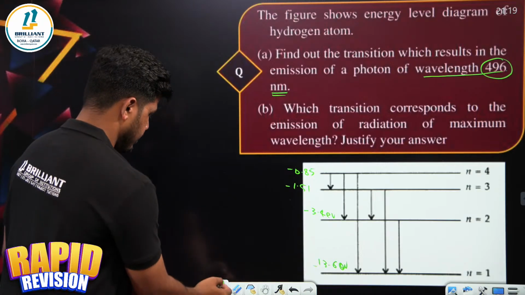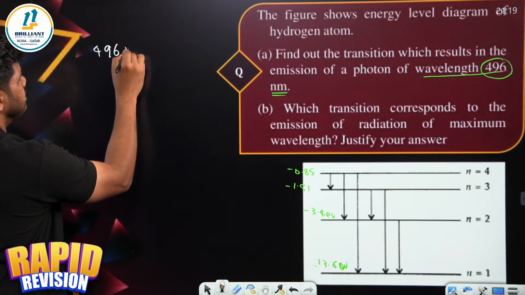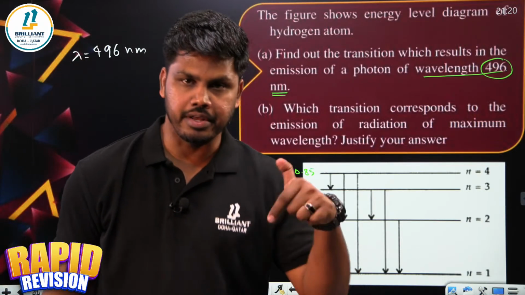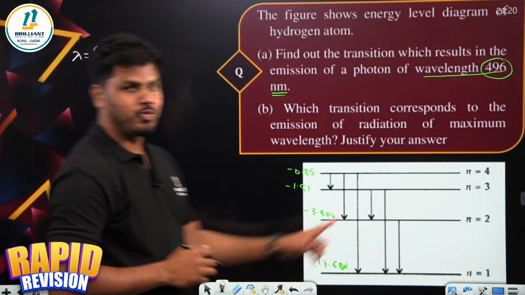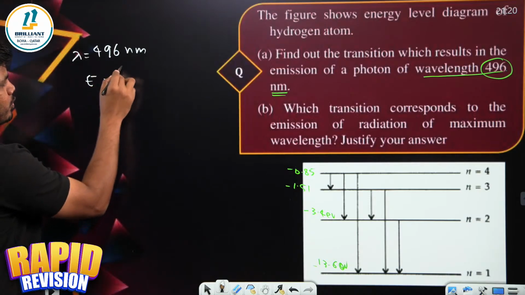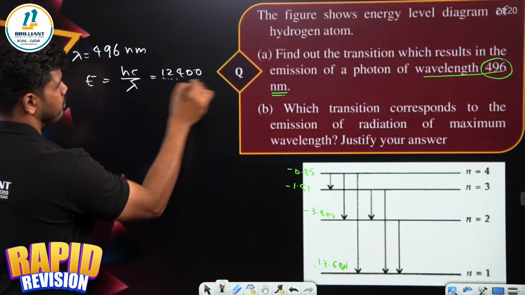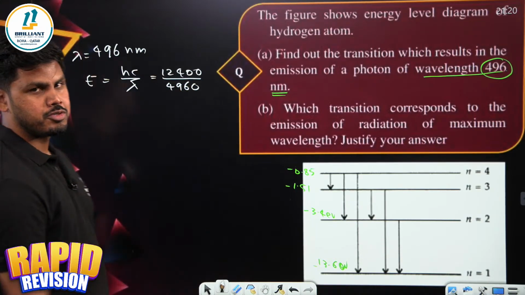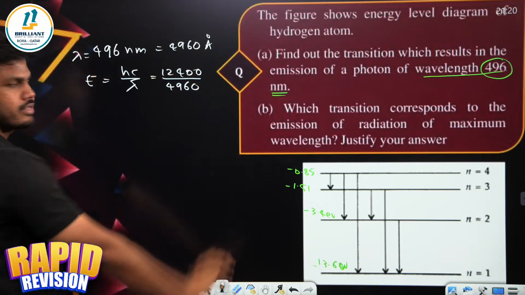Okay, right. So then, let's see what happens. When 496 nanometer wavelength is emitted, what can be the corresponding energy of the radiation? How will you find the energy of the radiation if you know lambda? We need it in electron volt, right? Because all these energies are in electron volt. So we use E is equal to hc by lambda. So 12400 divided by 4960, because it should be in angstrom. This much nanometer will be 4960 angstrom, right?